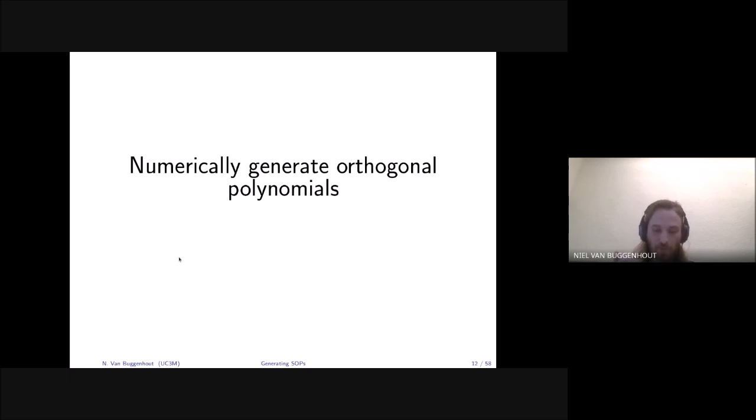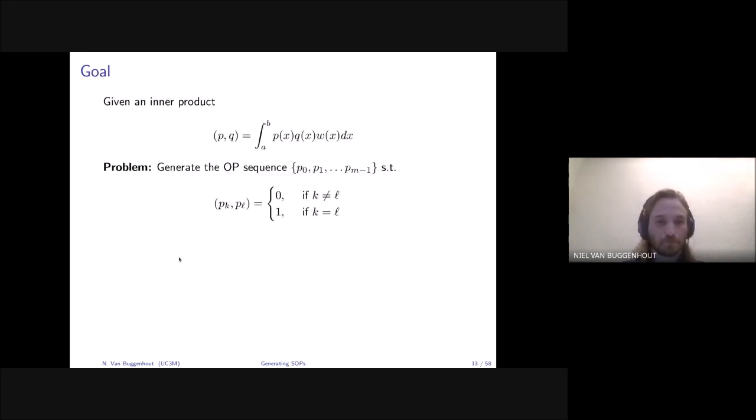So let me take a step back and look at the real problem. We will see that if we want to numerically generate orthogonal polynomials, we will end up with such an inverse eigenvalue problem. Our goal, given an inner product, same as before, is to solve the problem of generating an orthogonal polynomial sequence as it was introduced before.